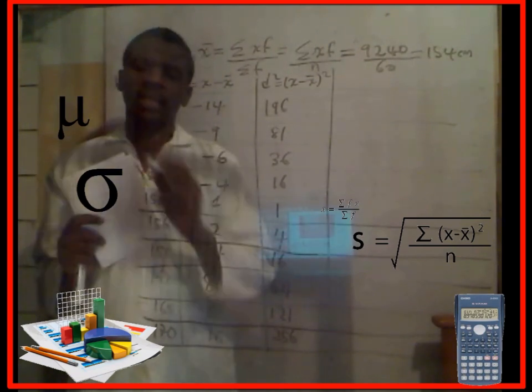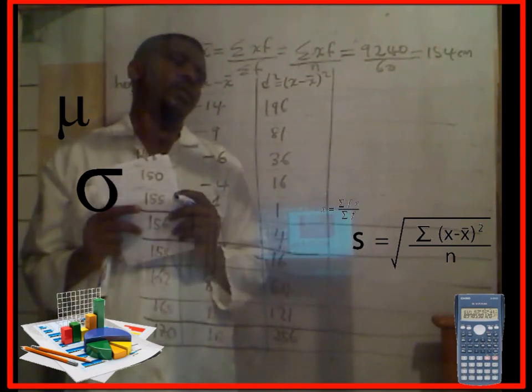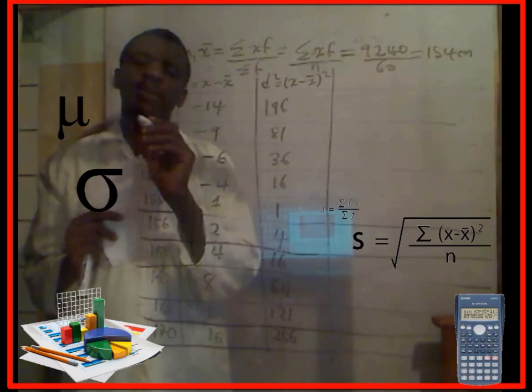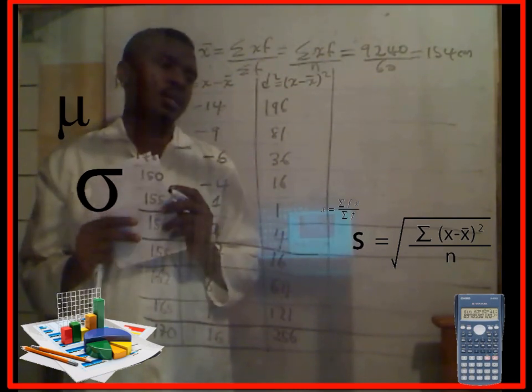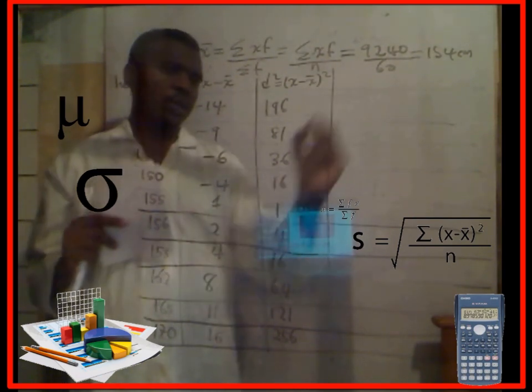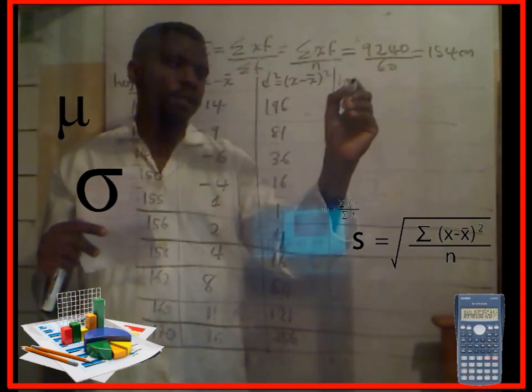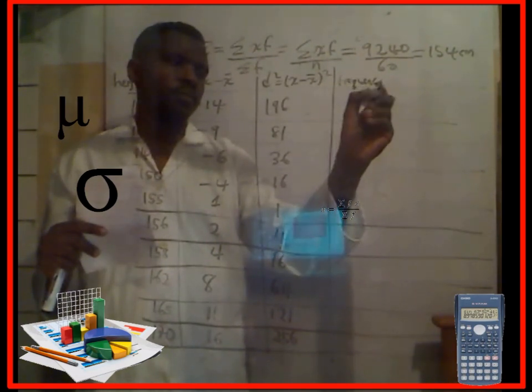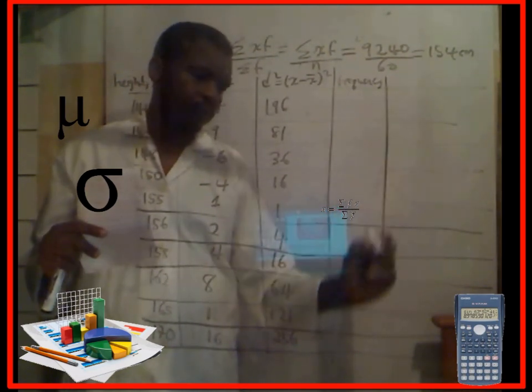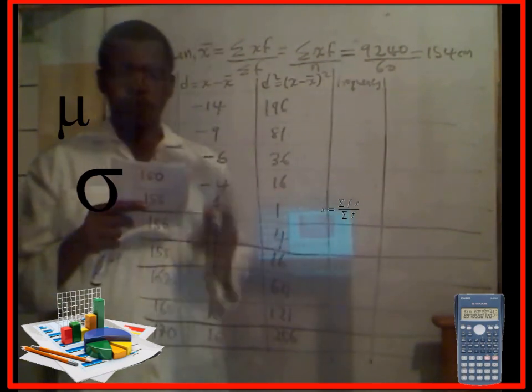But remember that these scores reoccur in the data from our frequency table. So I have to include the frequency. What are the frequencies?